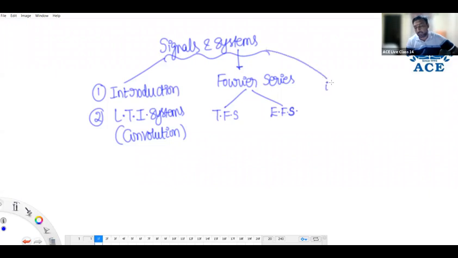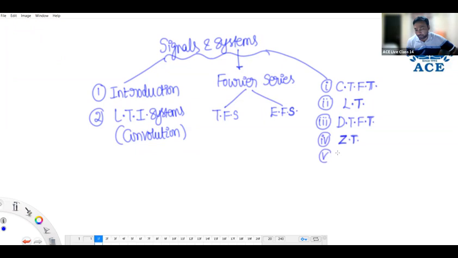Then we are starting with the different transforms. The first transform which we are learning is CTFT, continuous time Fourier transform. Second one is Laplace. Third one, discrete time Fourier transform. Fourth one, Z transform.